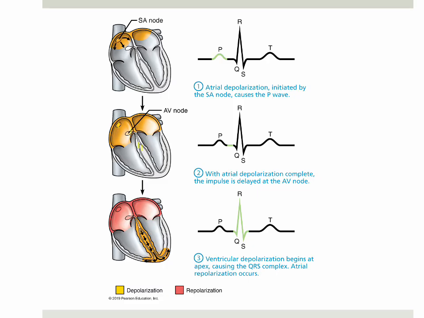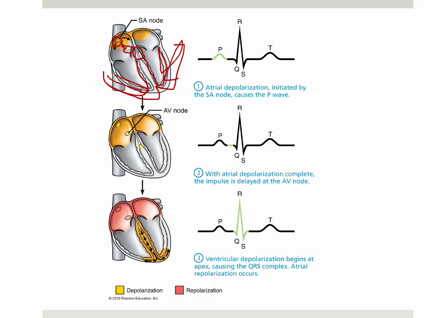Okay, so we start with the SA node, then go to the AV node, then the bundle of His, then the bundle branches, and then the Purkinje fibers. Okay, and if you guys see here, those Purkinje fibers are located in the heart muscle.